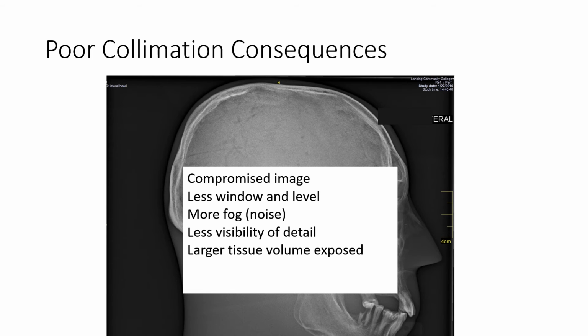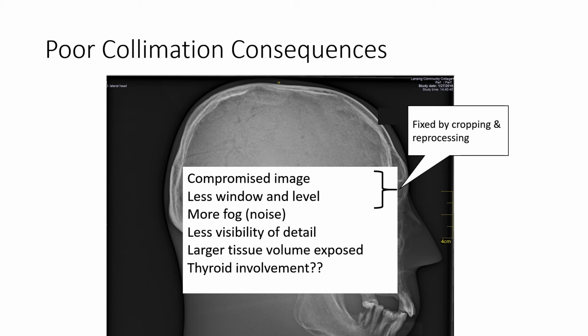A larger tissue volume is exposed, which translates to a higher patient dose. Finally, is the thyroid unnecessarily exposed? I'd classify the thyroid as a radiosensitive organ that should be excluded from the primary beam if possible. While the top two problems can be mitigated by cropping the image and forcing the computer to reprocess, the bottom four are not correctable.